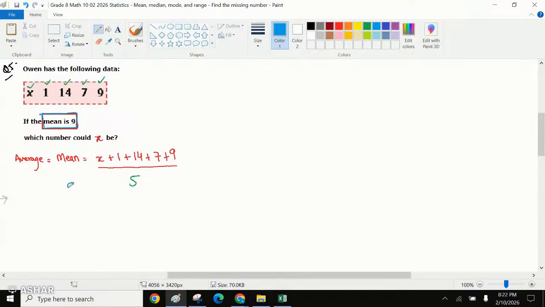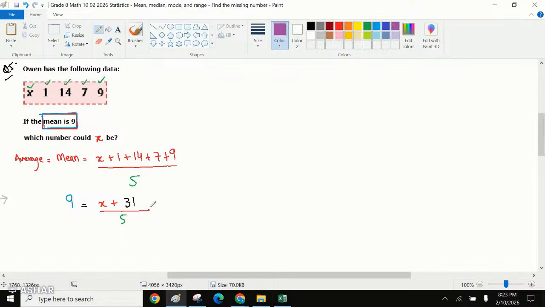So mean can be replaced by 9, which should be equal to, 1 plus 14 is 15, plus 7 is 22, plus 9 is 31. So we can say x plus 31. Agreed?